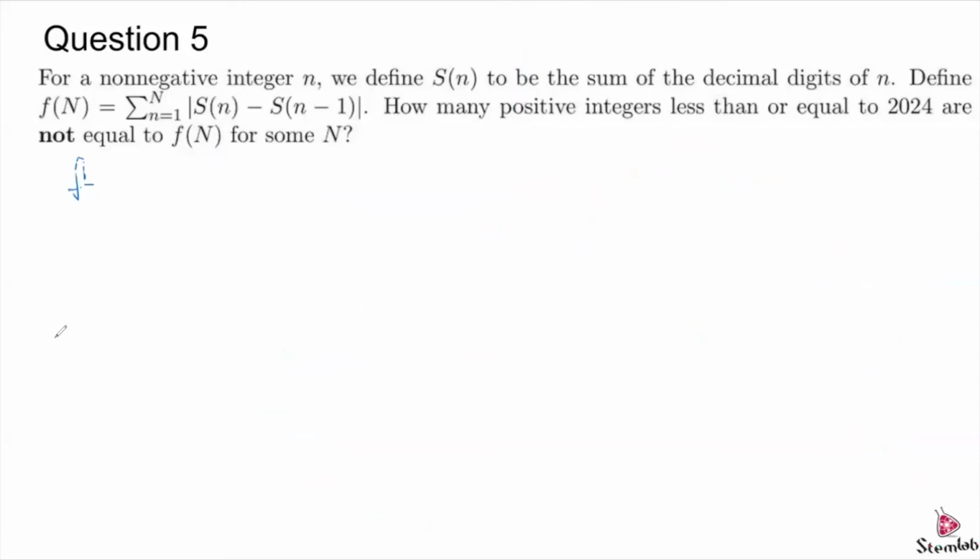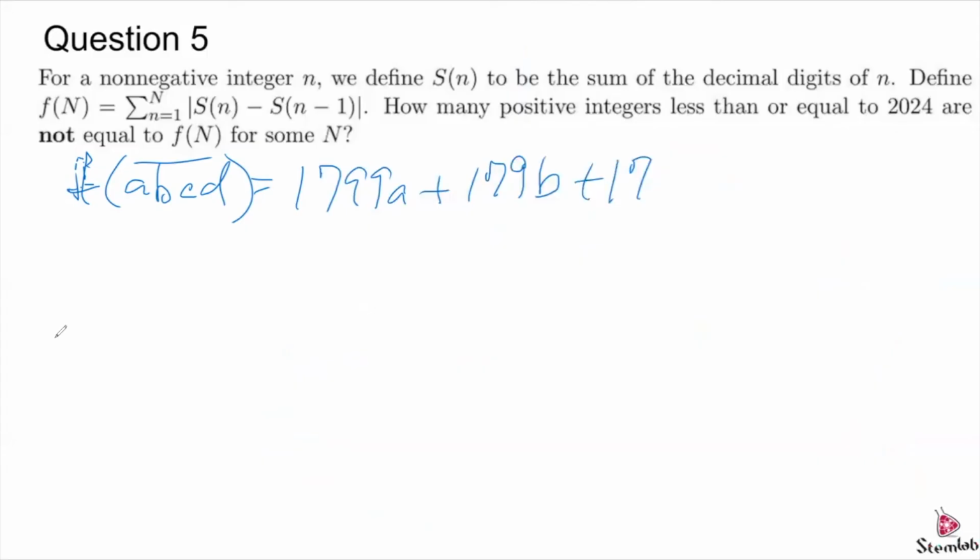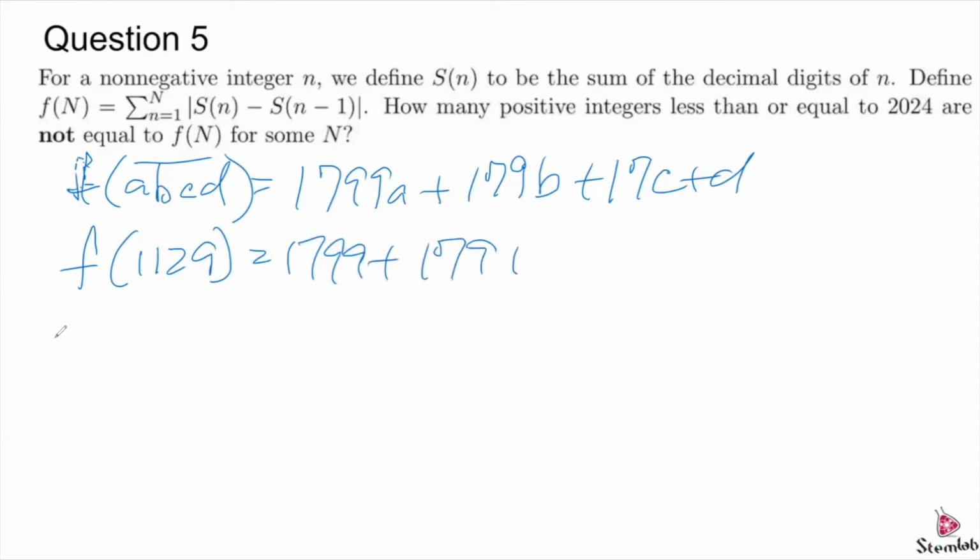I'll rewrite it here. f of ABCD is equal to 1799A plus 179B plus 17C plus D. So f of 1129 is equal to 1799 plus 179 plus 34 plus 9. This is equal to 2021.